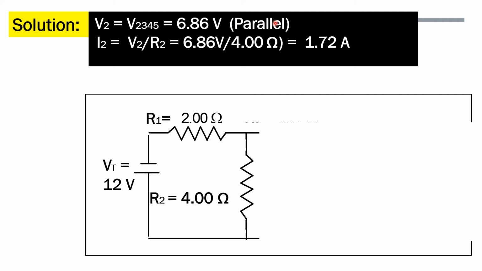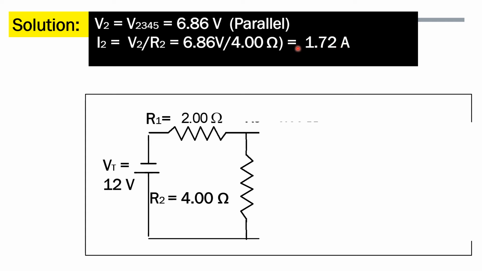So we make use of that, again using Ohm's law, to find the current through R2, wherein I2 is equal to V sub 2 over R2. Substituting, we have 6.86 volts divided by the given resistance of 4.00 ohms, and what we get is the current 1.72 amperes.